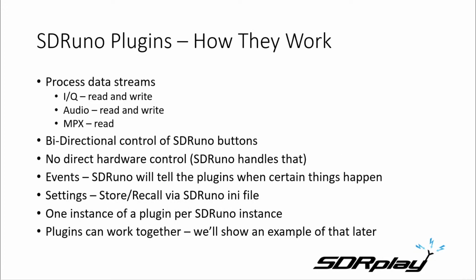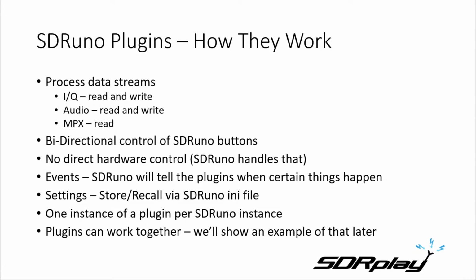Just a little bit about how they work. I don't want to get too technical at this point, but just to give you an idea of how the plugin system actually works. There's a number of aspects to the plugin system. One of them is obviously to get the data stream out of SDRuno, and also it can be put back into SDRuno. So the input IQ stream can be read out of SDRuno into the plugin system, as we do for things like the DAB plugin, and then it can also be written back into SDRuno.